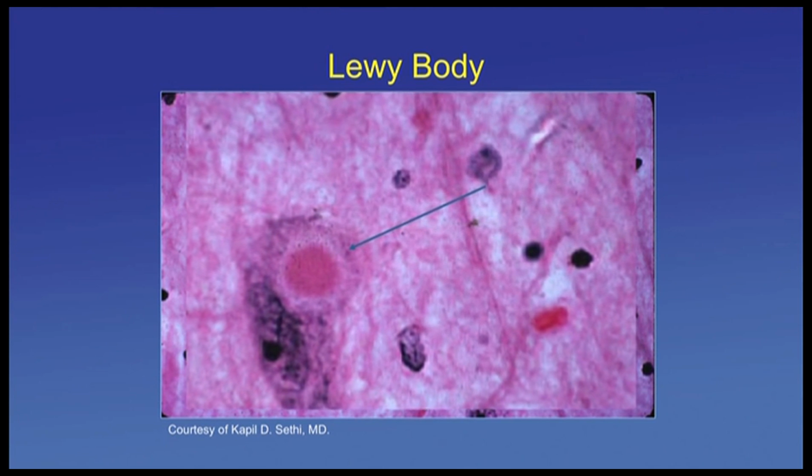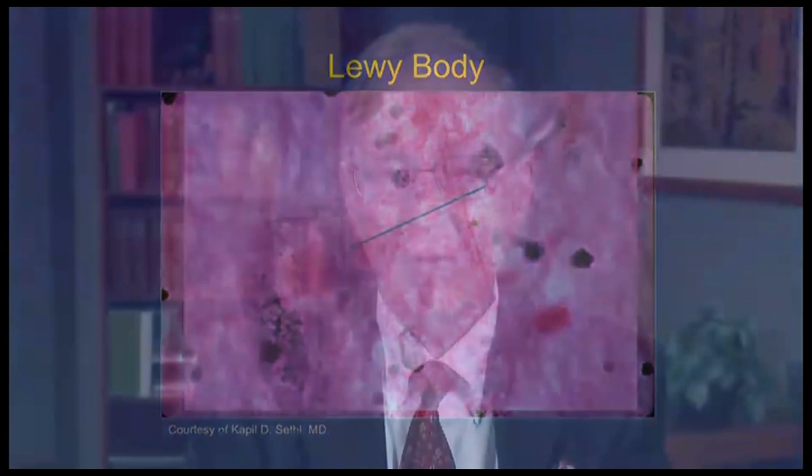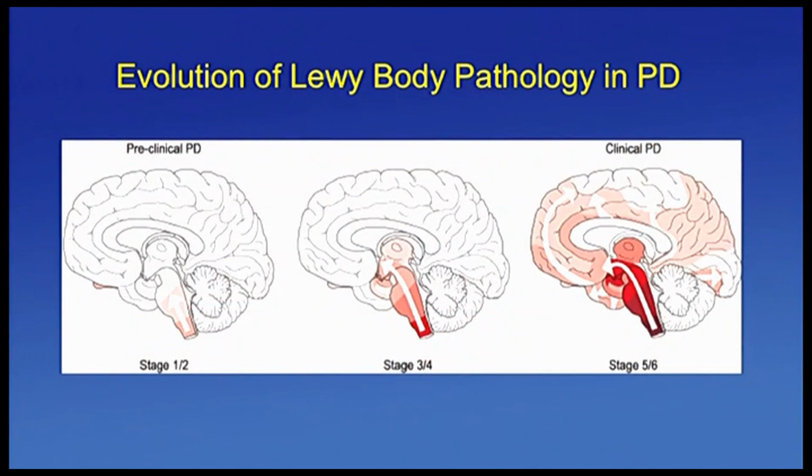And you can see it here. It is the eosinophilic or red pink-like color, and it has a halo around it, and it's a cytoplasmic deposition. And we think this is the hallmark of Parkinson's disease. It's also the hallmark of dementia with Lewy bodies, and it occurs first in the lower parts of the brain.